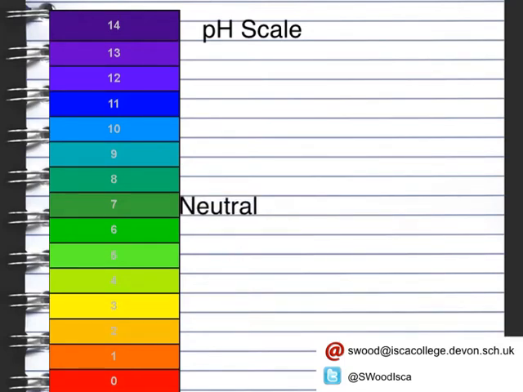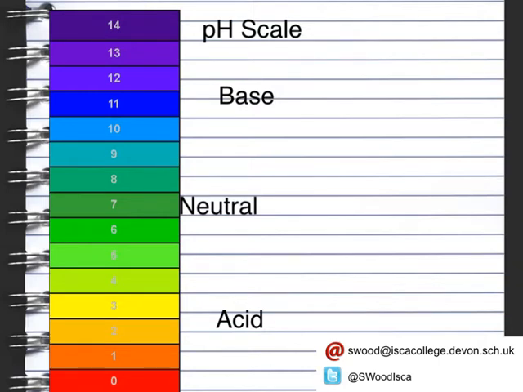Anything below 7 is therefore an acid, and above 7 is a base. As we said, a base that is dissolved into water is an alkali.